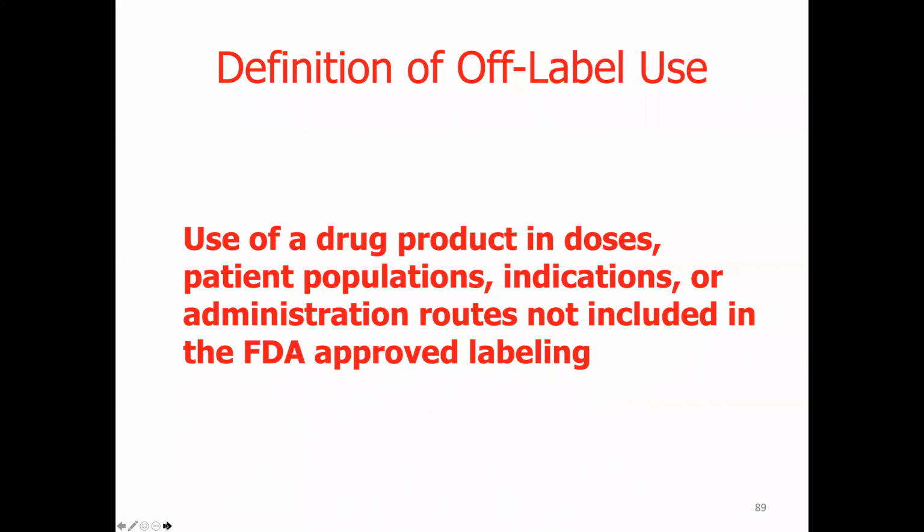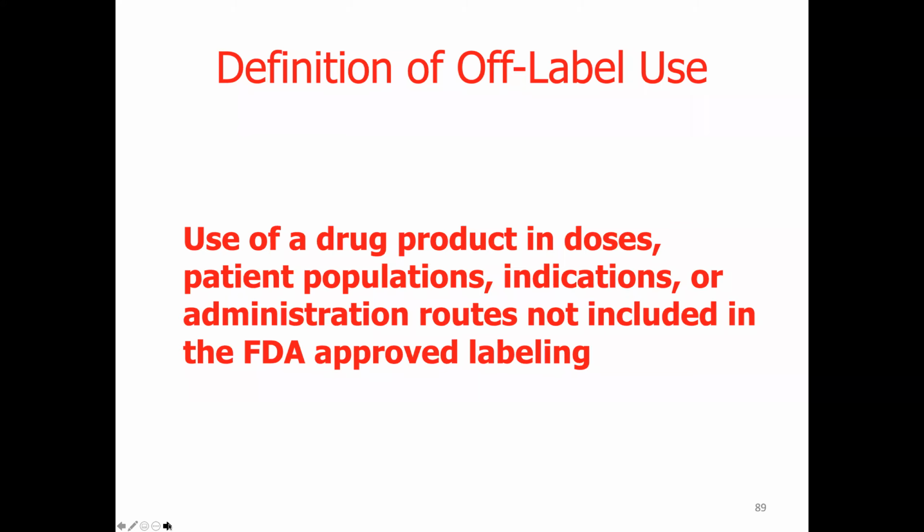We've talked about on-label, which is giving it just as prescribed. You're going to prescribe off-label on several occasions. That's anytime the dose is outside the dosage range on the label, or it doesn't include a patient population or an indication, or it's given through a different route.